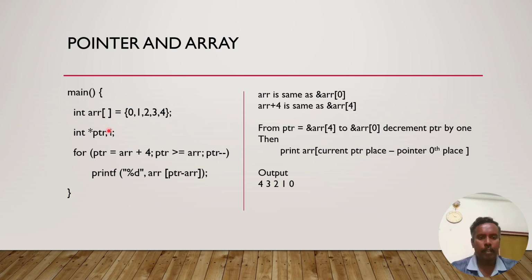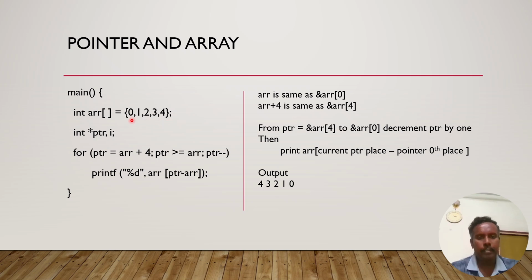What is ARR? Address of 0. So this points to 0. So ARR plus 4 means address of ARR of 4. That means it's 4. This address it is holding here. So pointer equal to this address, pointer is less than or equal to this address.